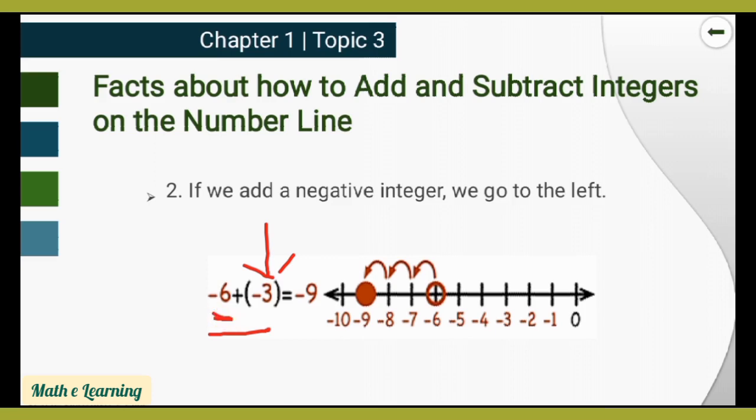So first we mark minus 6 on a number line, and then we move 3 positions left, and by moving 3 steps left, we reach minus 9.